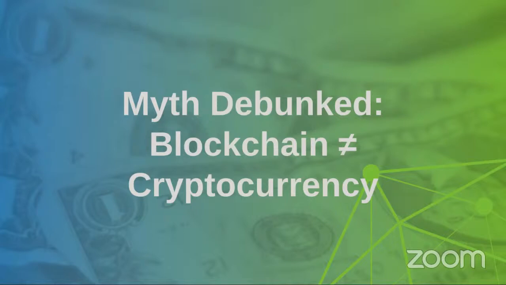So blockchain can be used in other aspects, or to create more self-sustaining and more distributed solutions within organizations, without necessarily using the cryptocurrency end of things, because cryptocurrency uses blockchain technology to run, but blockchain doesn't use cryptocurrency to run.